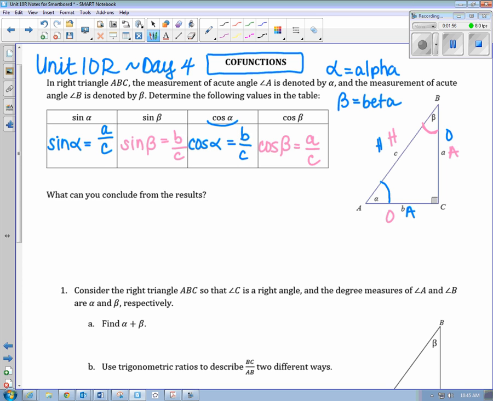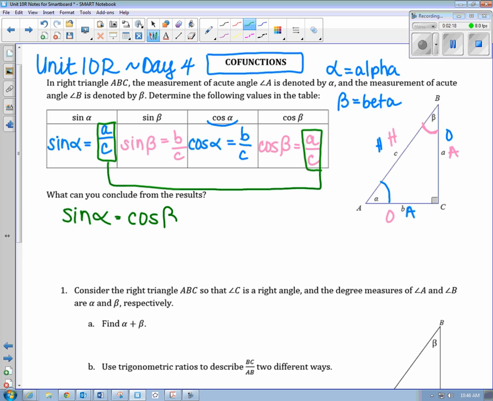From this table, they want you to notice something. What they want you to notice in this table is that when you do the sine of alpha, it is equal to the cosine of beta. So they want you to notice that the sine of alpha is equal to the cosine of beta.